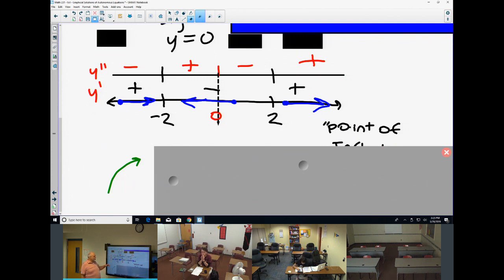Okay, then between -2 and 0, the first derivative is negative, but the second derivative is positive. So this means it's going up or down? Down. And concave? Up. Okay, so going down, but concave up.